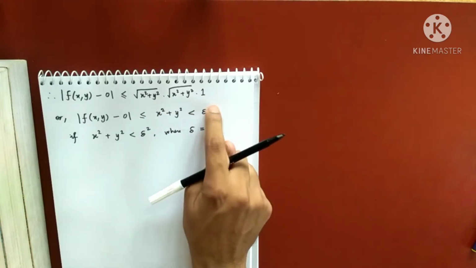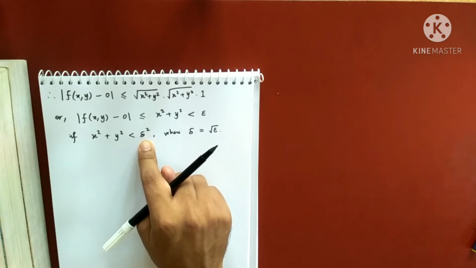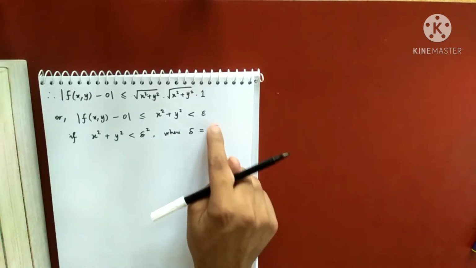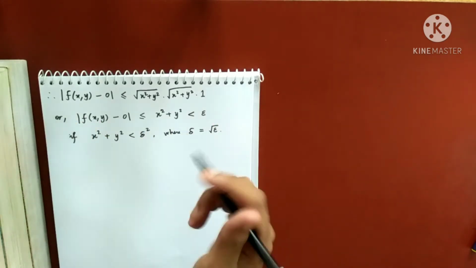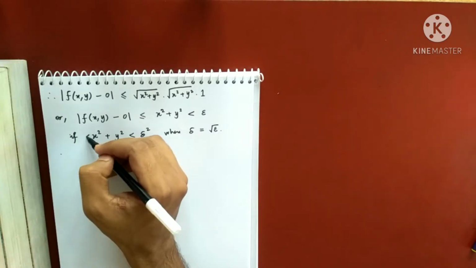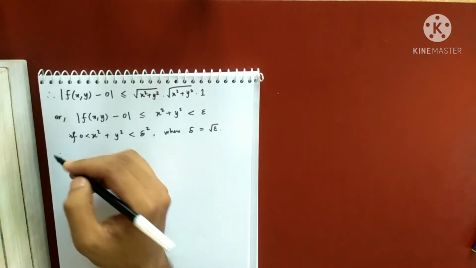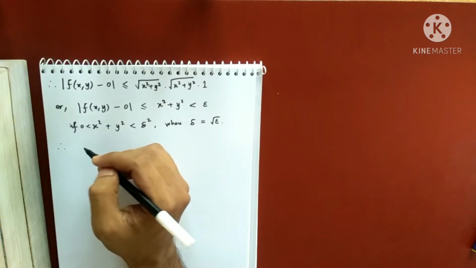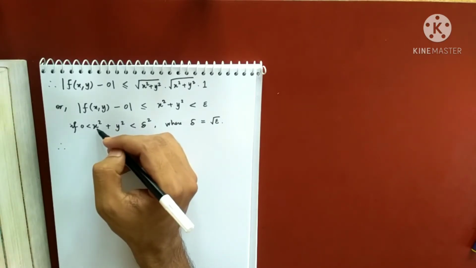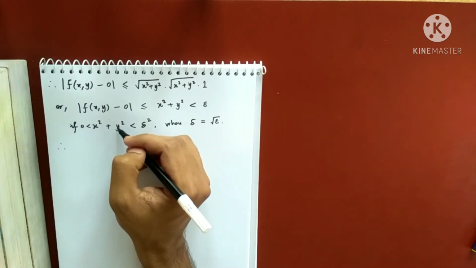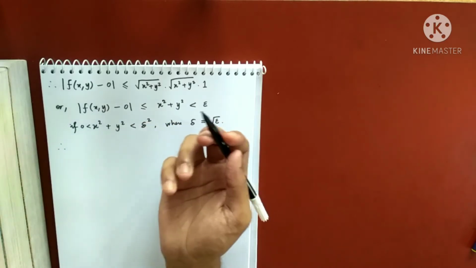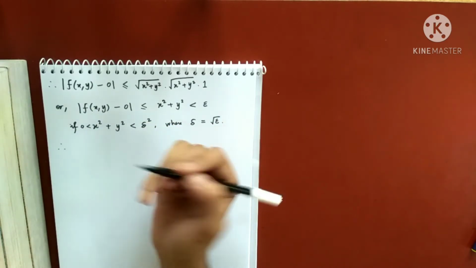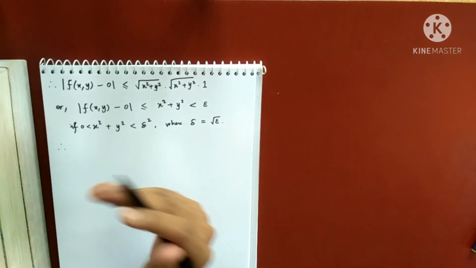So instead of epsilon, I'm taking a new number delta². What is delta²? Root epsilon. And definitely I should take this as greater than 0, because if x and y both are 0, then f(x,y) is not defined. So this should be greater than 0. That means x and y are not both 0.